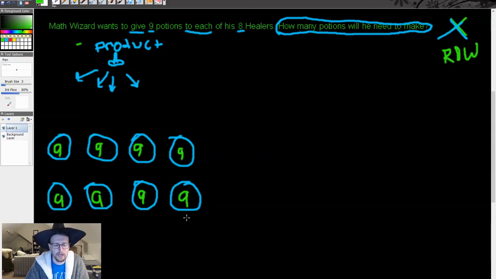I need to find my product here. So I would need to count up all these dots. And that would tell you that what you need to do is 9 times 8 is going to equal my total number of potions. We'll call that P.